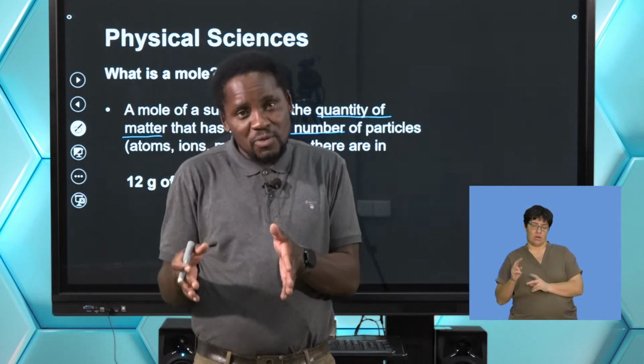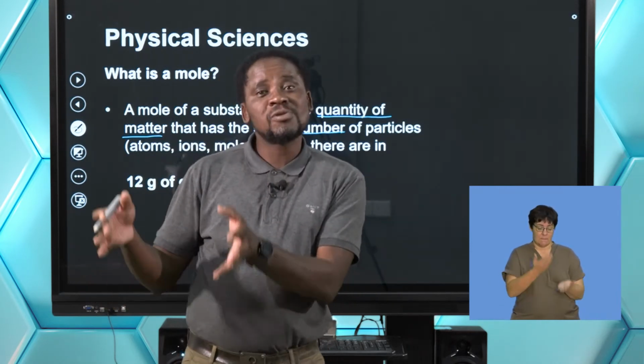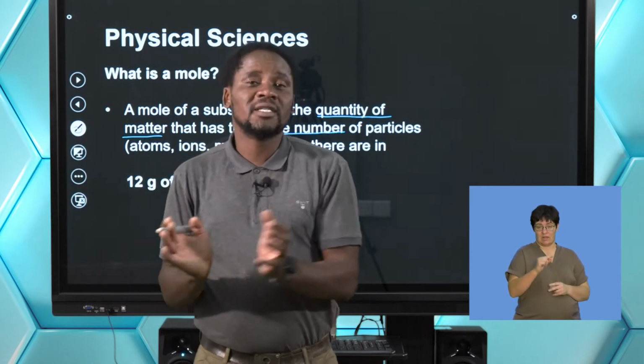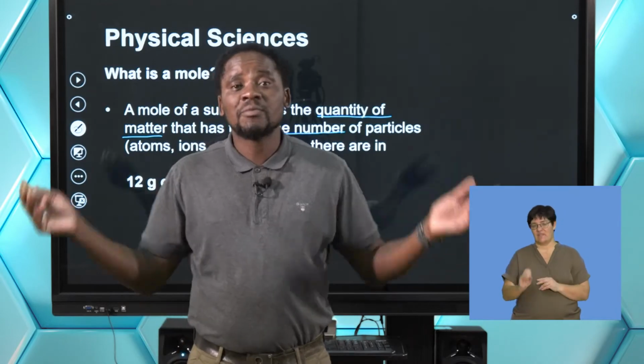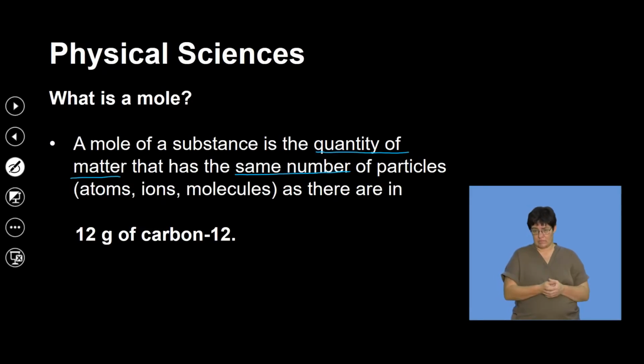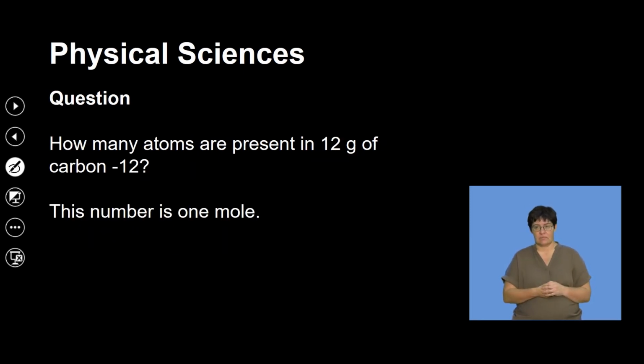So the mass of the sample is 12 grams, which element? Carbon, which has a mass of 12. That's what a mole is. So carbon becomes our point of reference. Then we are also saying, how many atoms are present in 12 grams of carbon-12?